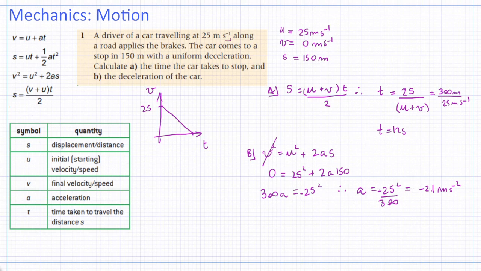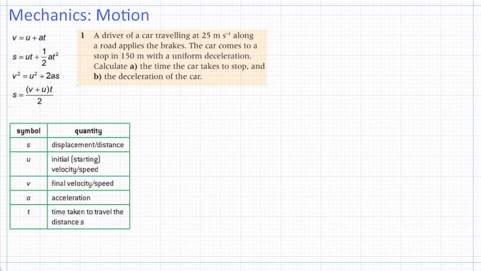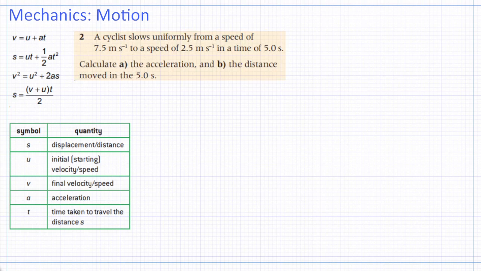Now let's take a look at another example. So let me get rid of this, and there you go. A cyclist slows uniformly from a speed of 7.5 meters per second to a speed of 2.5 meters per second in a time of 5 seconds.